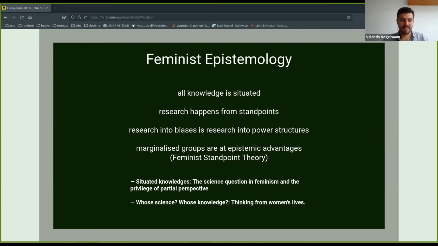Now, because AI again represents majority standpoints, because it can only represent what the majority thinks, it has no access to the perspectives of marginalized groups, and is therefore, if you believe feminist standpoint theory, at an epistemic disadvantage. So these are the problems for dealing with bias in AI that would come from feminist epistemology.